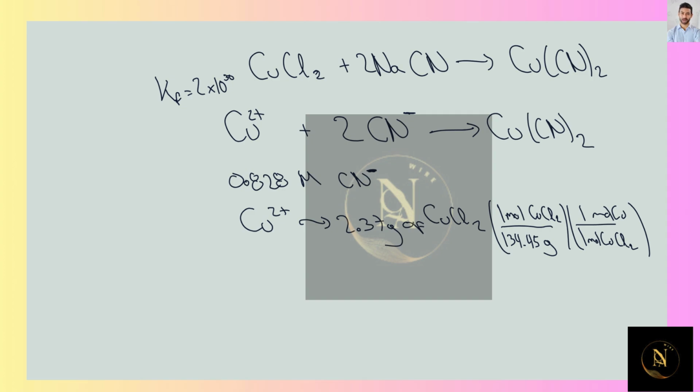With this, the amount of Cu2+ that we added to the solution is 0.0176 mole. And we added that to a final volume that is always equal to 2 liters. So the concentration of Cu2+, to simplify notation, is 1.76 times 10 to the minus 2 molar.